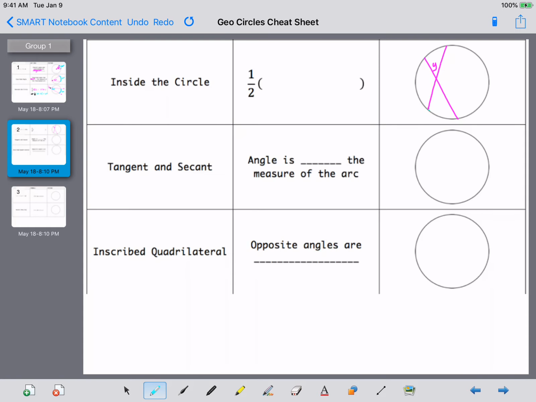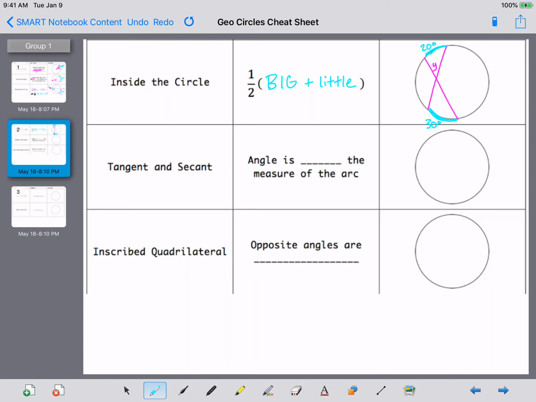So let's say we've got an angle here. So we're considering that angle, and we're considering this angle here. So instead of subtracting those two arcs, we actually add them. So we're going to do half of big plus little. All right, so let's suppose the bigger arc here is 30 degrees and this littler one is 20 degrees.